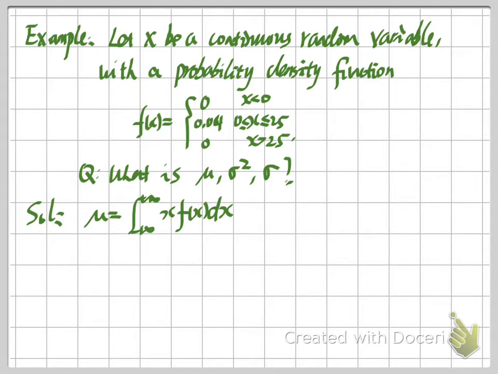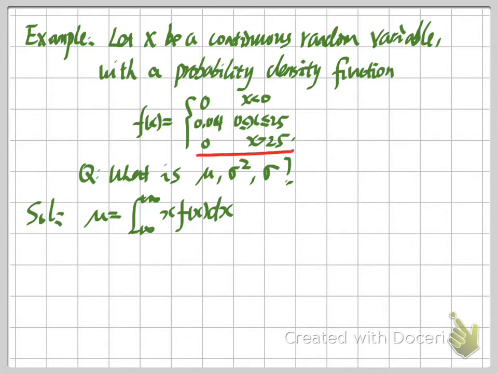However, if you look at our definition of this PDF, you will find it is actually divided into three branches. This is a step function. If x is smaller than 0, it's always equal to 0. And when x is between 0 and 25, the value of our PDF is 0.04.